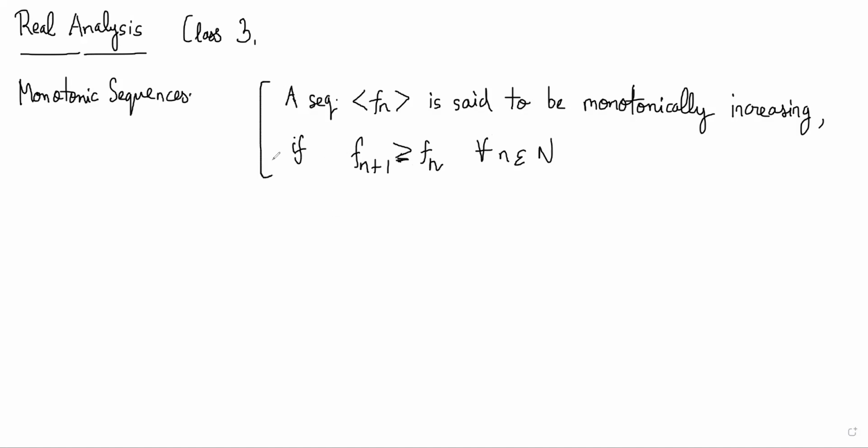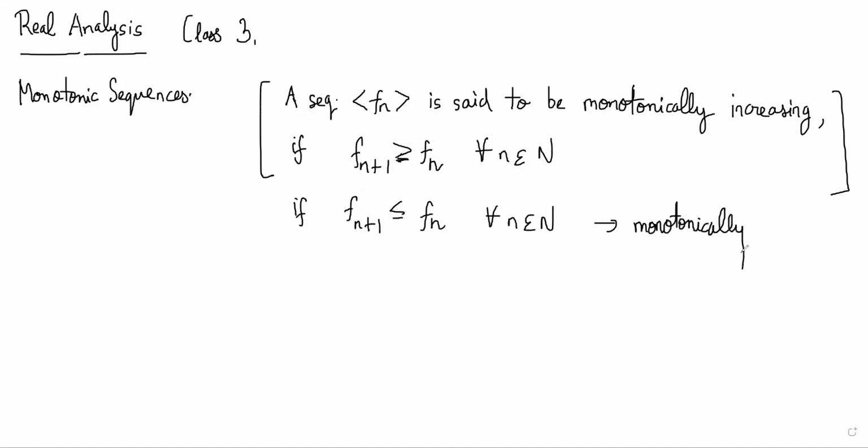That type of sequence is a monotonically increasing sequence. If f(n+1) is less than or equal to f(n) for all natural numbers, that is a monotonically decreasing sequence.